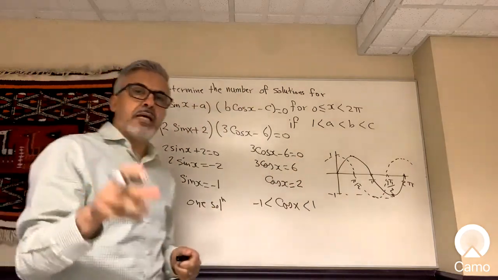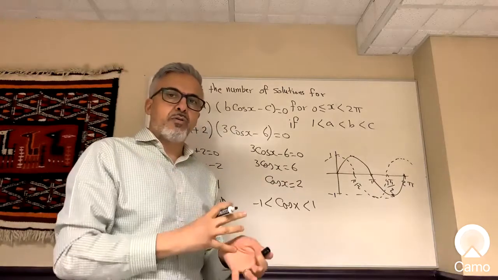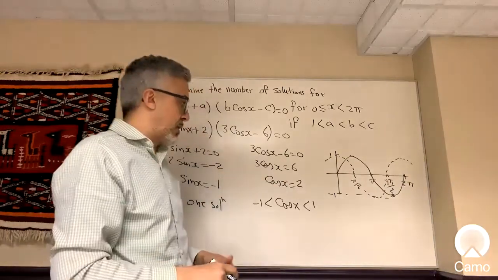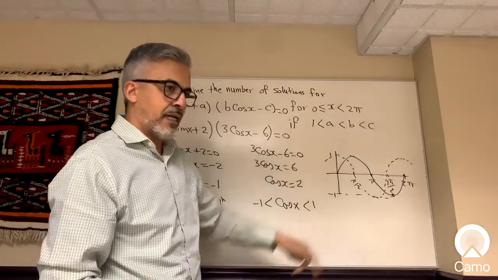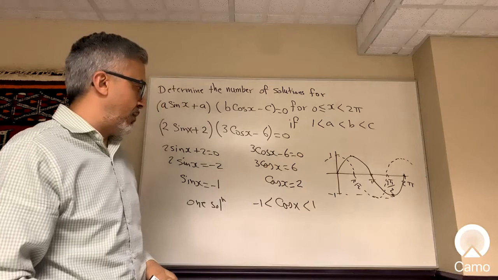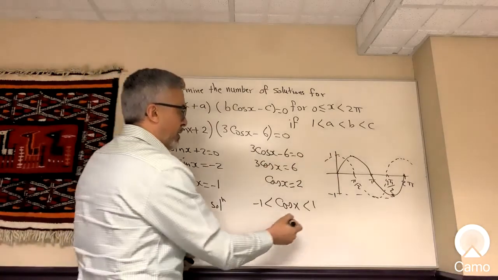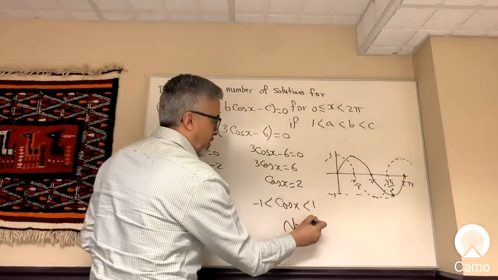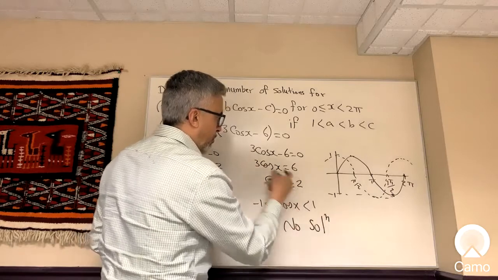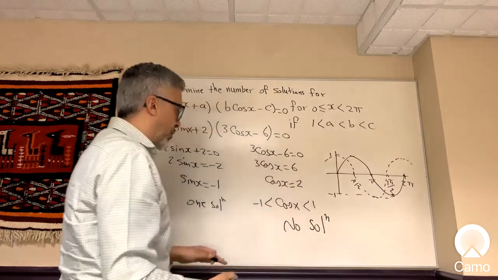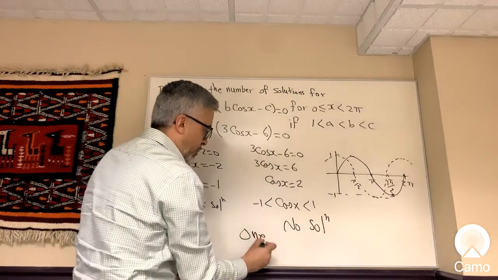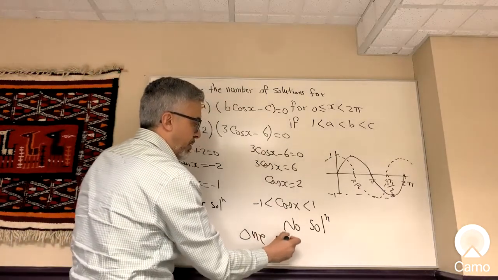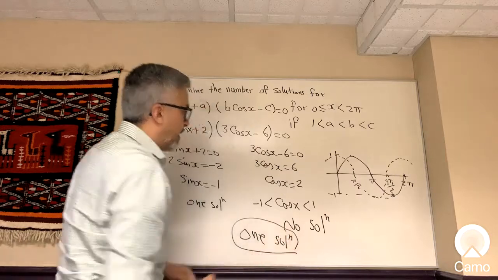Even if you take your calculator and go second cos 2, it will give you an error because cos will never have a value that's greater than 1 or less than -1. And so therefore here, you have no solution when cos x equals 2. Therefore, this whole thing will have one solution for the whole answer right there.